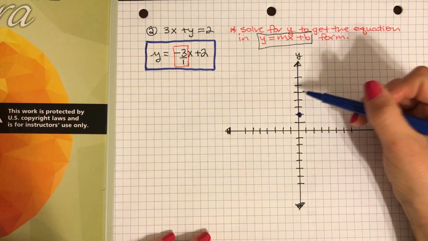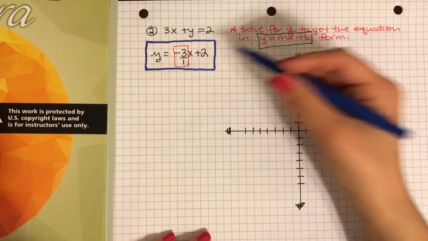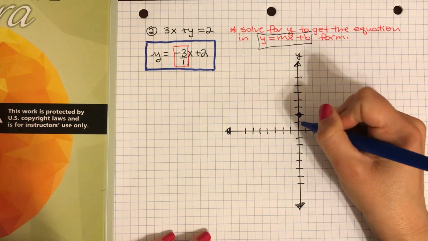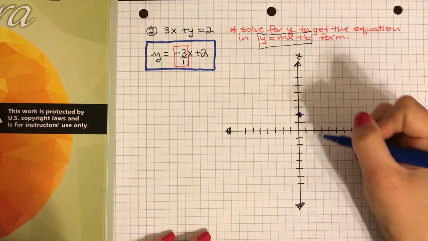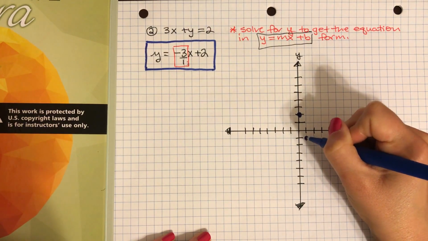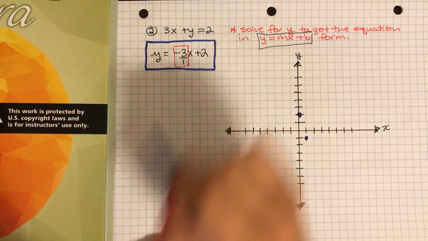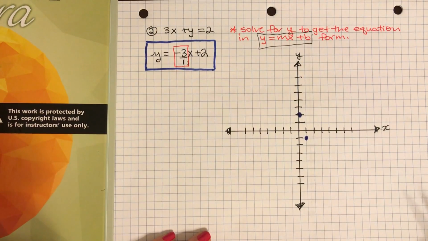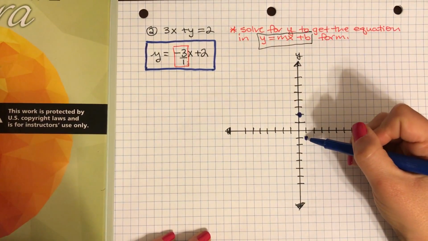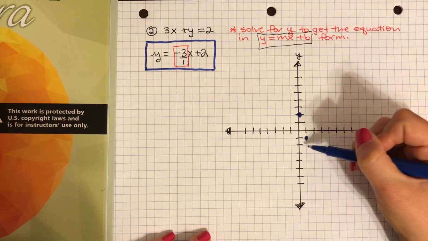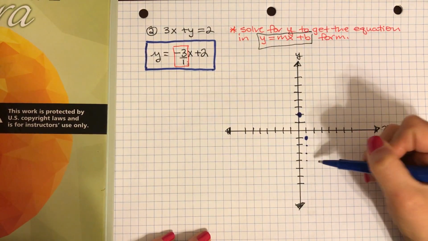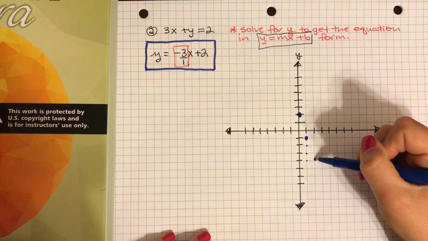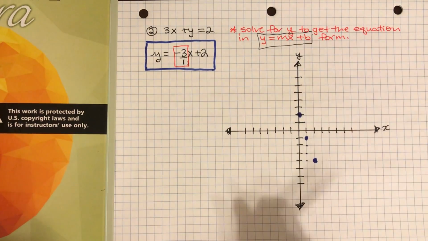So we don't go up because it's not +3, it's -3. So down 1, 2, 3, and then 1 to the right. You're moving 1 to the right because 1 is positive. And then we need one more point, so we just continue from where we left off, down 3, 1, 2, 3, and then 1 to the right. So we have our 3 points.